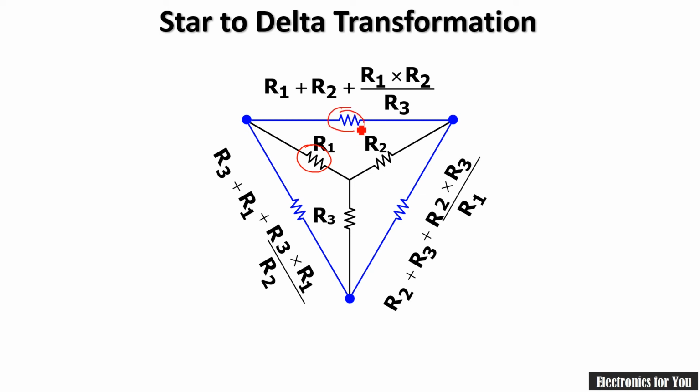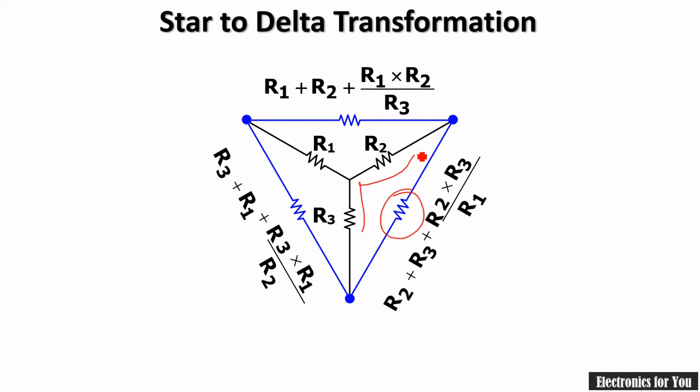Now for this equivalent resistance formula, you can see that in between these two nodes this resistance is here, and therefore these two resistances will first be added, plus their multiplication in numerator, that is R1 into R2, divided by the third resistance, that is R3. The same formula will be applicable in this case also.